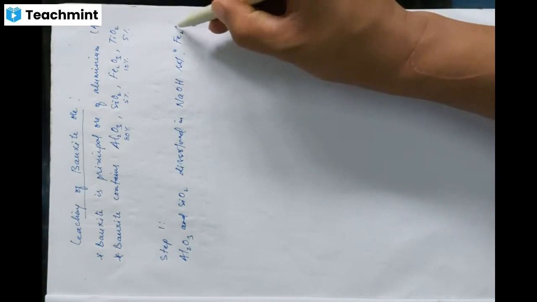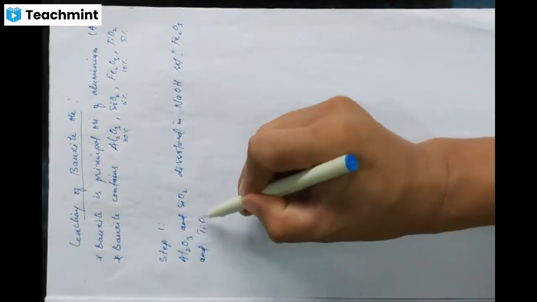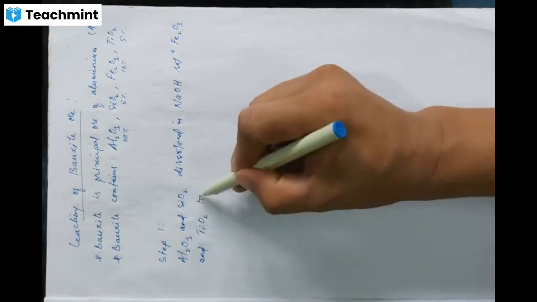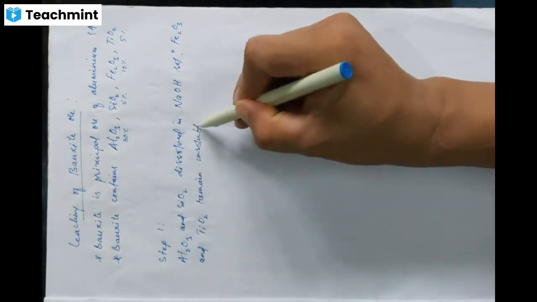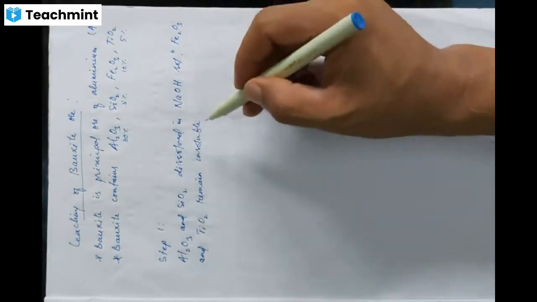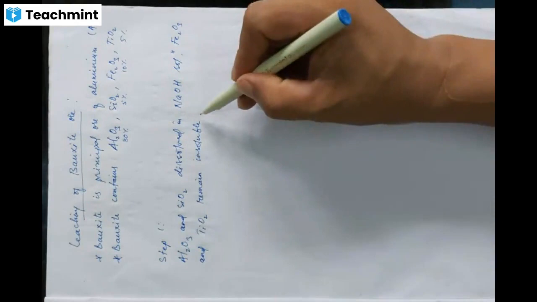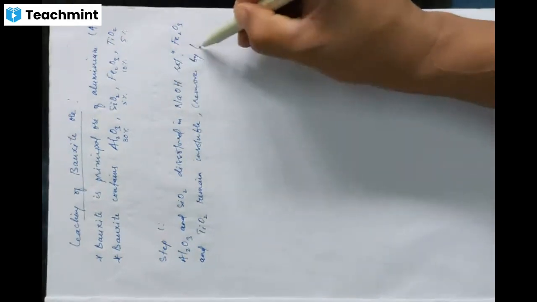Because ferric oxide and titanium oxide remain insoluble in this alkaline solution, they can be removed by filtration.